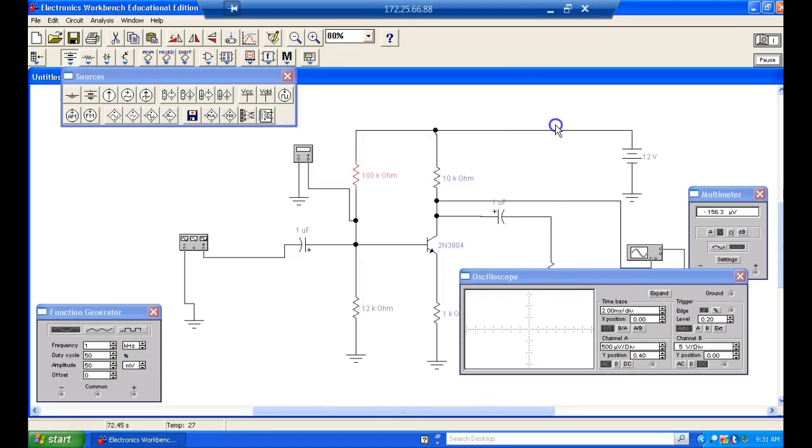The transistor cuts off if this is open. Now the AC signal on the base should still be the same, right? So if I move my scope back over to the base, make it right there.